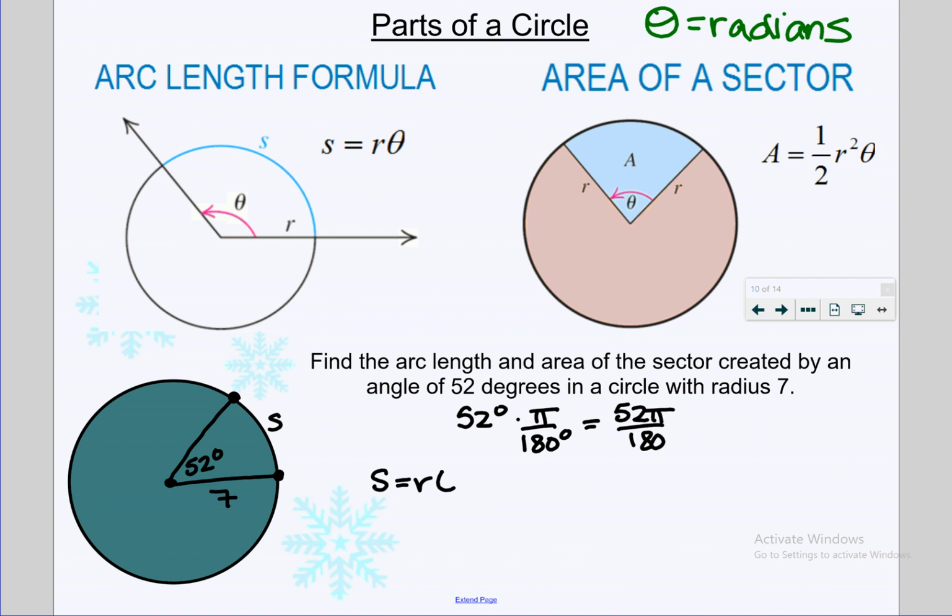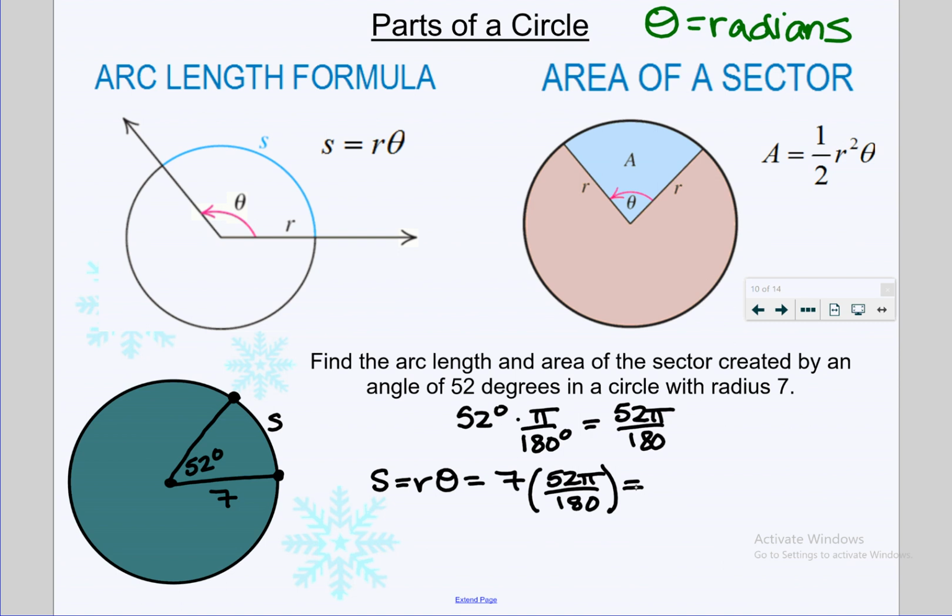S equals r theta. R is 7. Theta in radians is 52 pi over 180. And you would never tell someone that a distance is like 2 pi. You would probably give them a decimal. So it is appropriate to use a decimal for these answers and round to whatever Math Excel tells you to round to.